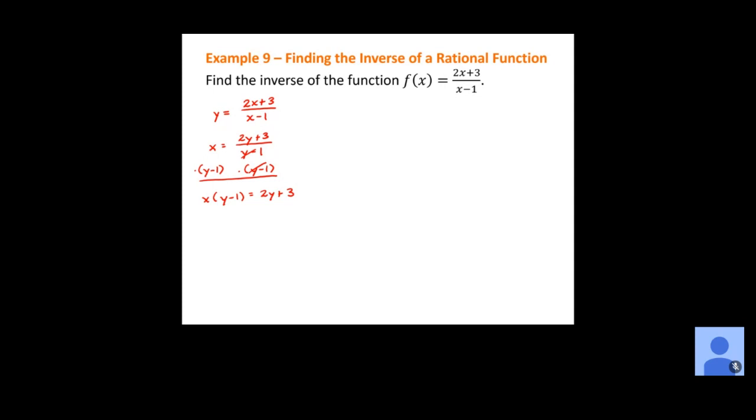All right, now keep in mind we're trying to solve for y here. What do you think we might want to do next?